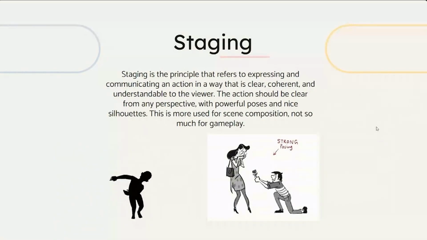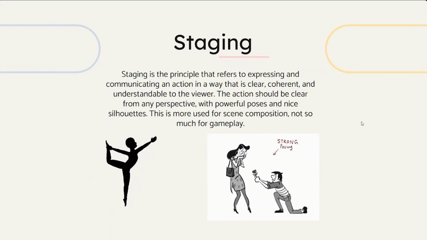Staging, I was unsure if I would put this in 3D because it's used in 3D but not in gameplay like it is for an emote, for example, because it's about creating a setup where your poses can tell a story from a beautiful angle.